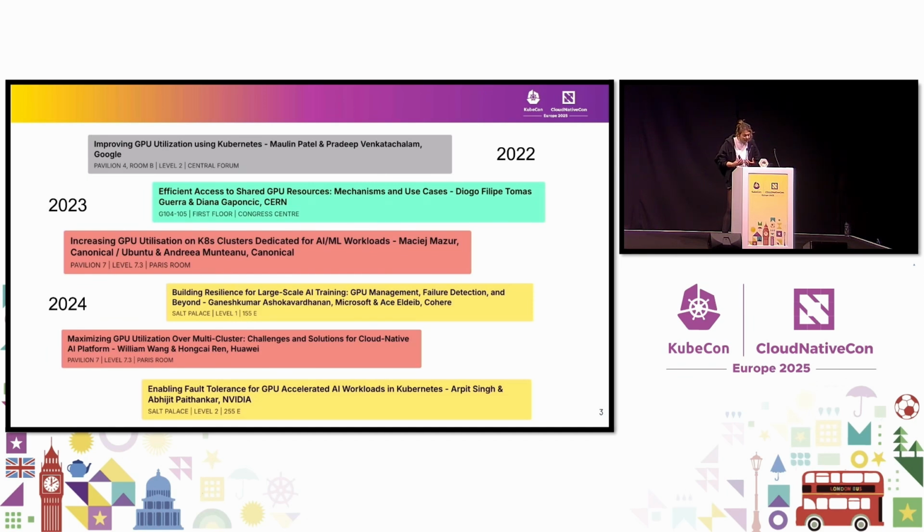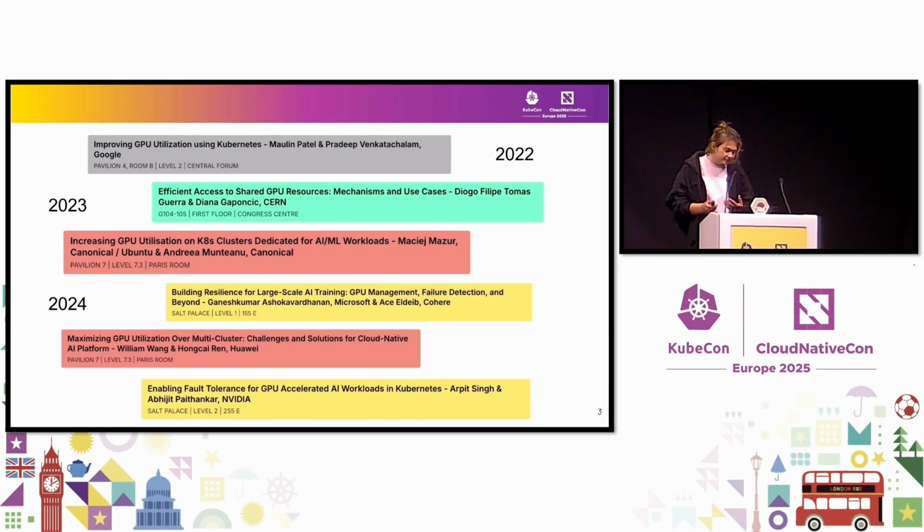We can see that people from companies like Google, Microsoft, Huawei, NVIDIA, or CERN were invested in this, and they suggested various solutions, mostly using MIG or time sharing, or some mentioned new scheduling strategies.